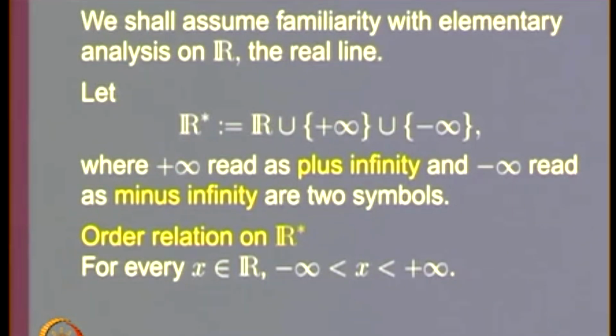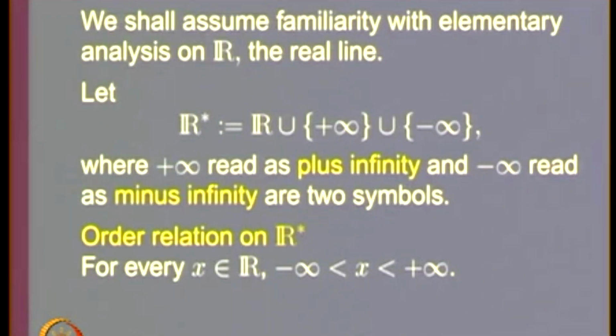We say that for every real number x in R, minus infinity is strictly less than x, which is strictly less than plus infinity. So this is how the new symbols plus infinity and minus infinity behave with respect to the order structure. Minus infinity in R star is the smallest element and plus infinity is the largest element as far as the order is concerned.